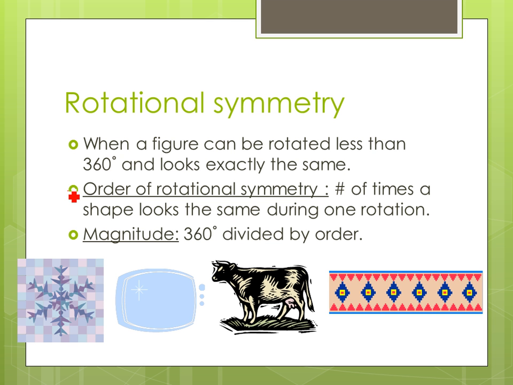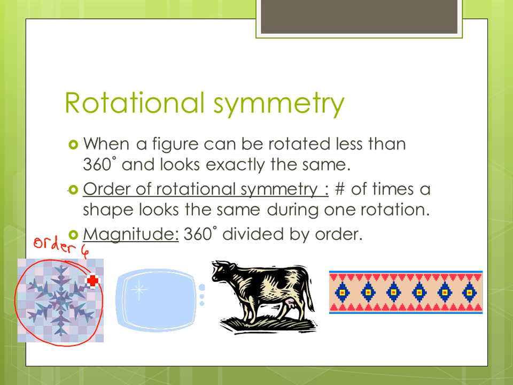Example, if we look at this snowflake, its order of rotational symmetry is 6, because there are 6 times as you turn it around in a circle that it would look exactly the same.